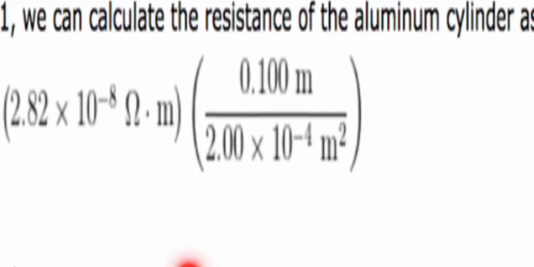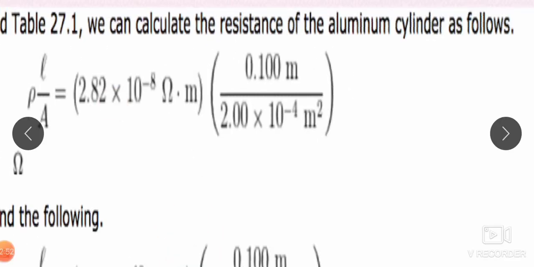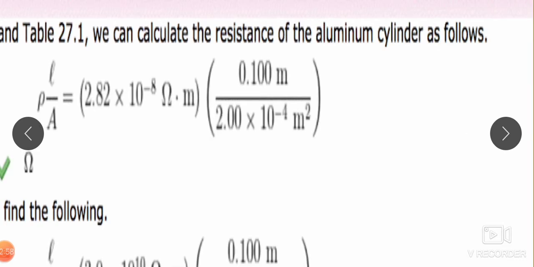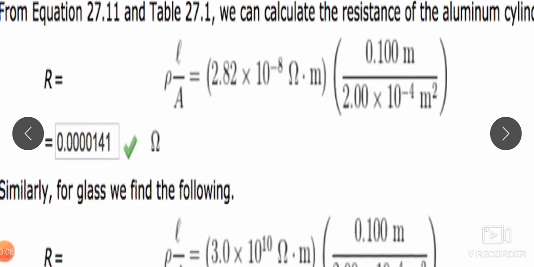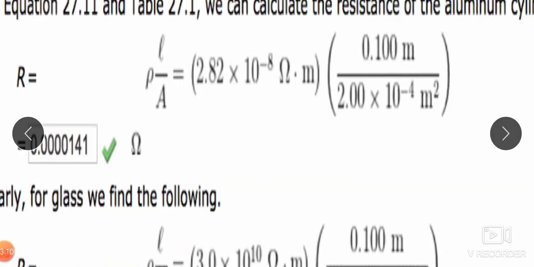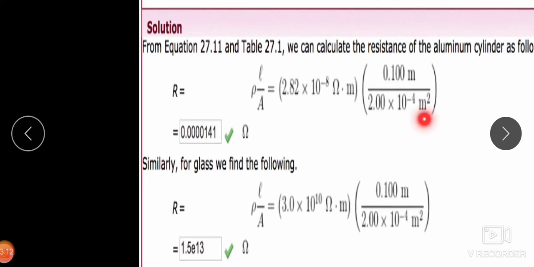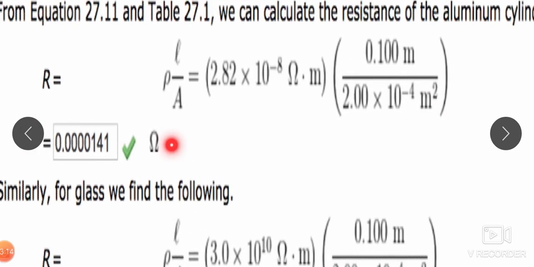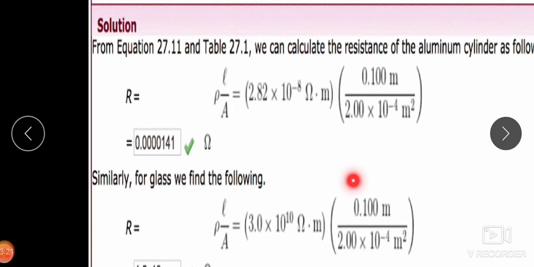For both materials we substitute the value of specific resistance, length and the area. For aluminum we get 2.82 into 10 raised to minus 8 ohm meter into length 0.1 meter and area 2 into 10 raised to minus 4 meter square. After calculation we get the answer 0.00000141 ohm for the aluminum cylinder.